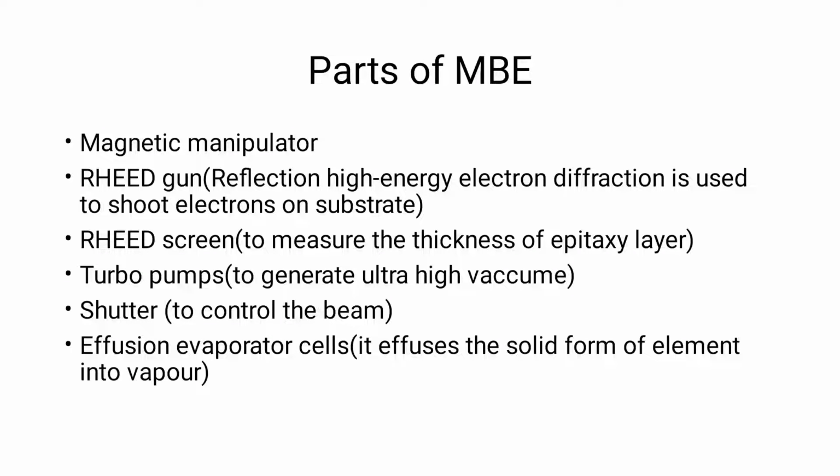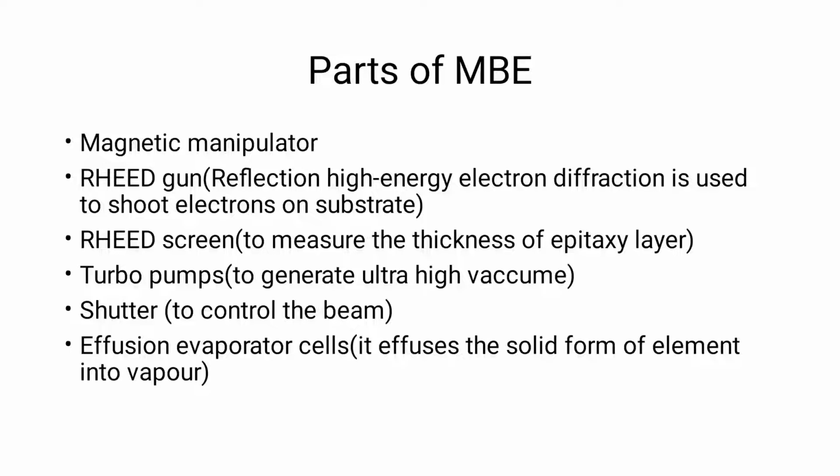Here are the parts of MBE. We have the magnetic manipulator. Another one is the RHEED gun, reflection high energy electron diffraction, which is used to shoot electrons on the substrate. Another one is the RHEED screen, which measures the thickness of the epitaxy layer.